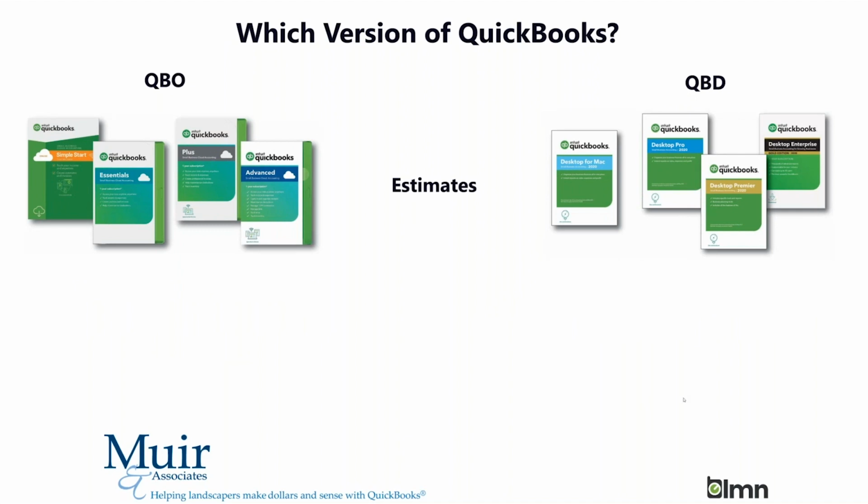And then estimating, as Holly had talked about, sending estimates over into QuickBooks. So we'll take a look at the differences in the online or desktop and if there are differences. In the online version, for the estimate document in QuickBooks Online, you can do either an estimated cost or an estimated revenue.